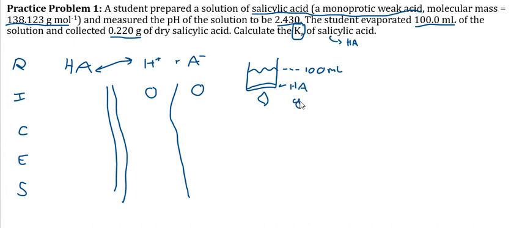Since I know how many grams of salicylic acid were present in that 100 milliliters of solution by evaporating the solution and collecting the leftover deposit, I can convert the grams of salicylic acid to moles of salicylic acid.